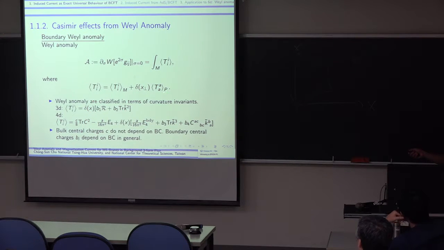The boundary Weyl anomaly is well classified. In this expression you have geometric data and also physical data. I intentionally use B to denote the coefficients. These are called the boundary central charges, like the cousins of the bulk central charges, the coefficients in the bulk Weyl anomaly.